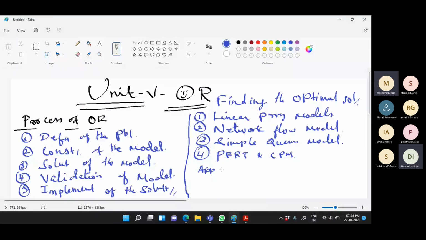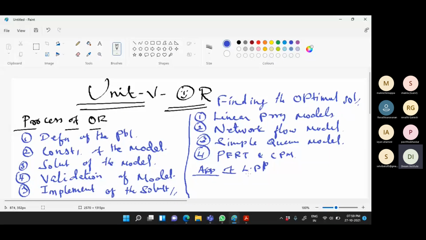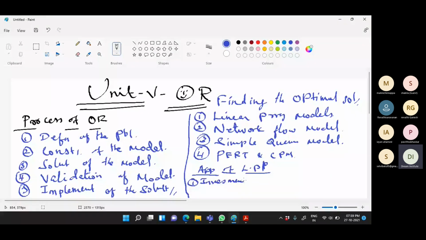Applications of LP. The applications of LPP: first one, investment. Second, manpower planning.